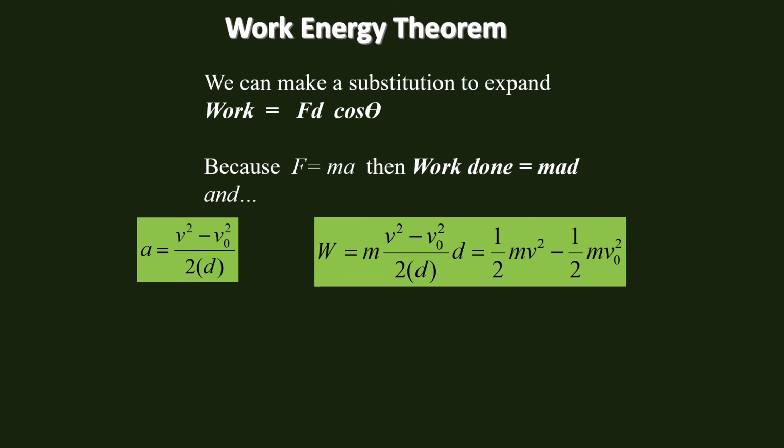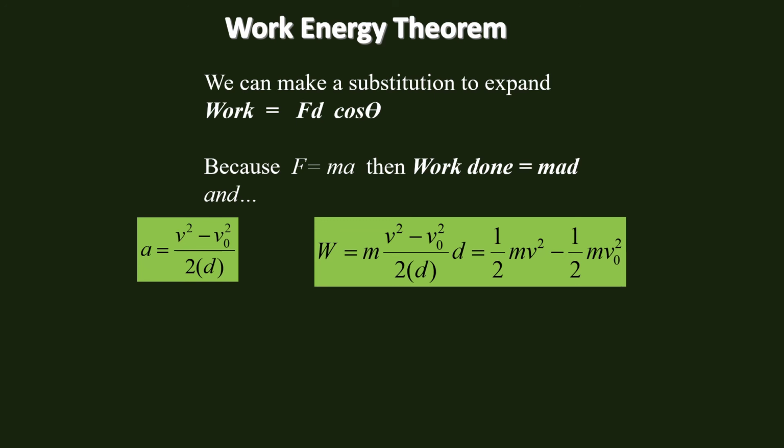And then we'll just shuffle a few things around here with algebra, and we get 1/2 mv squared minus 1/2 mv naught squared. So we have an initial velocity and we have a final velocity.